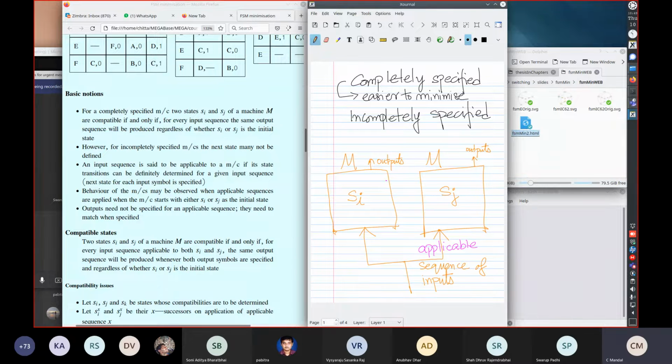And what is the compatibility issue? Here you can say that the outputs should match when both are defined.